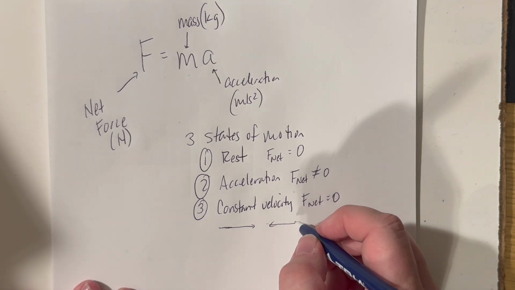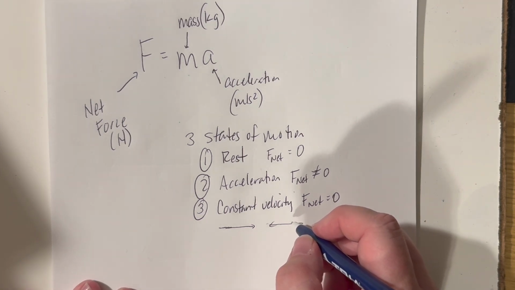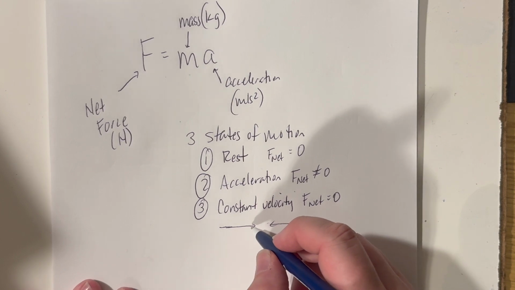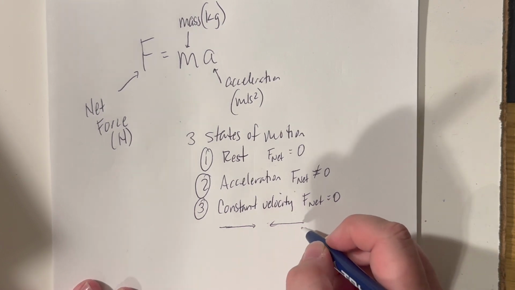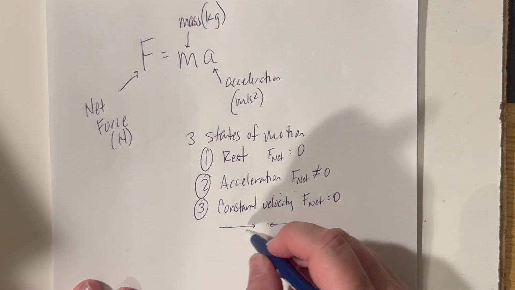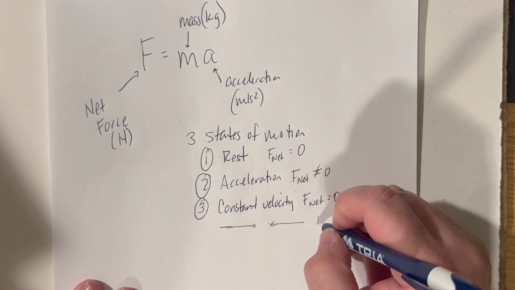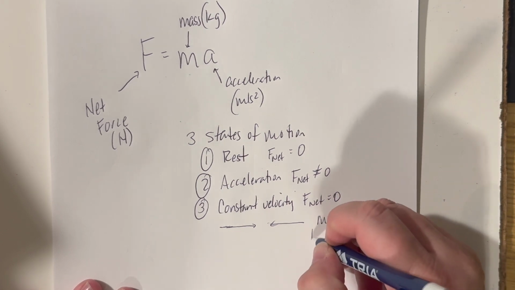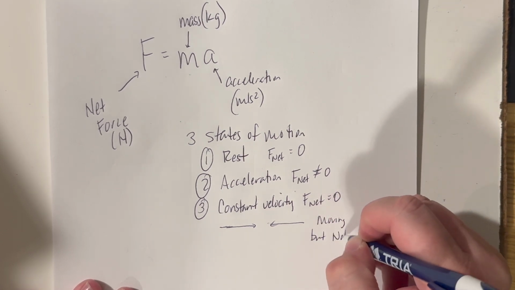You experience this if you're driving a car and you have enough gas making it go forward. You're driving along at a constant rate, enough gas in the engine to make it go forward, but friction and air resistance and everything else is pushing against it. And so it balances out. You're still moving, but you're not accelerating.